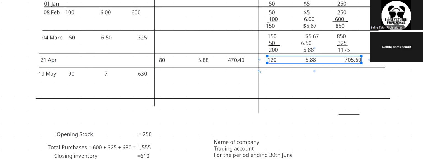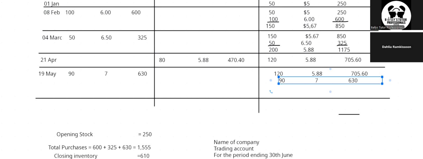So my average cost will be my total cost, which is 630 plus $705.60. That'll give me $1,335.60.